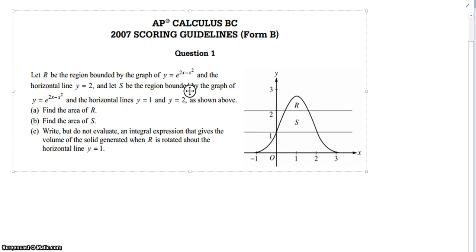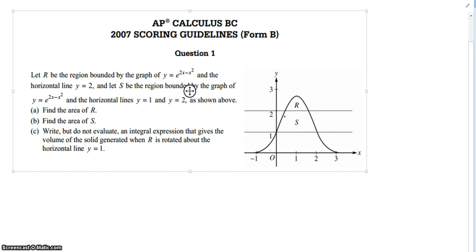So what we're going to do, part A is asking us to find the area of R, and we know that the formula for the graph is e to the 2x minus x squared. The hardest part about these is finding the intersecting points.